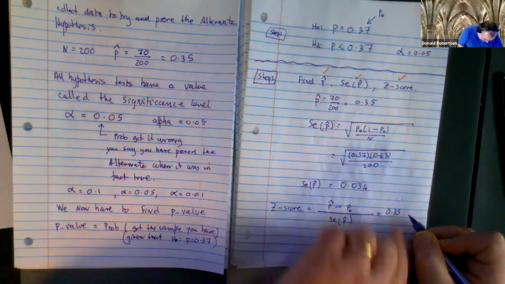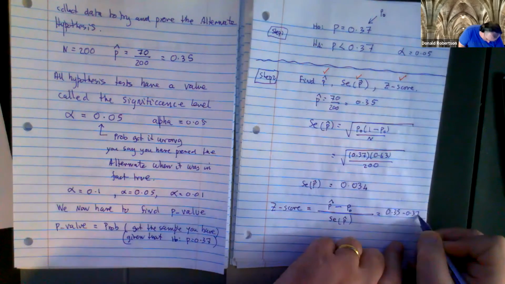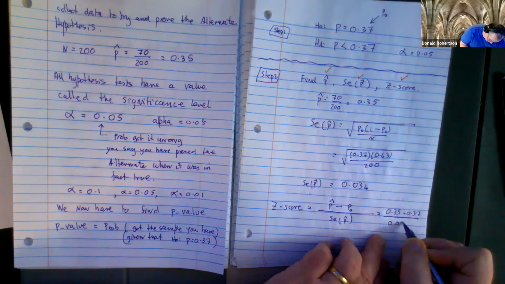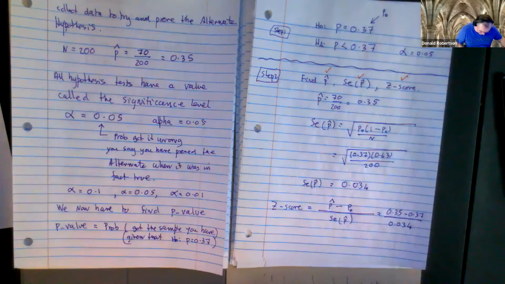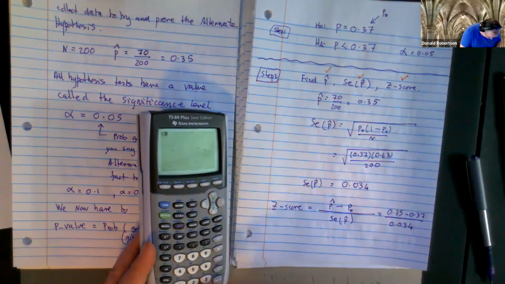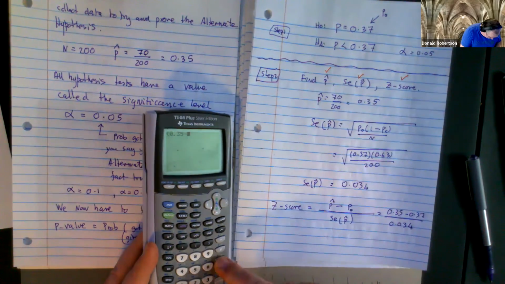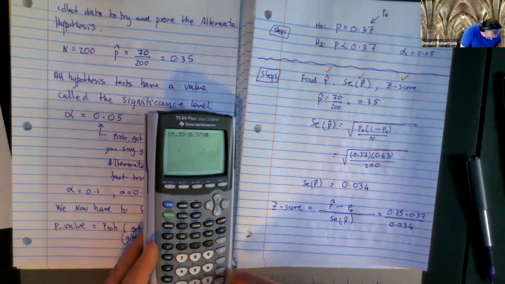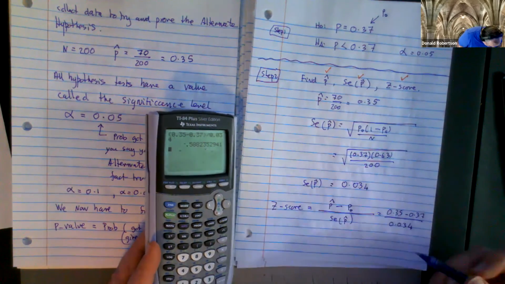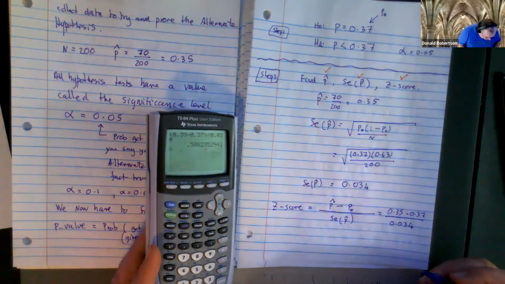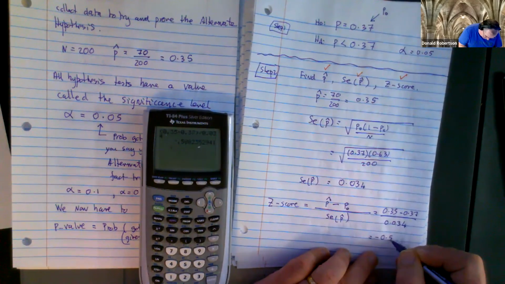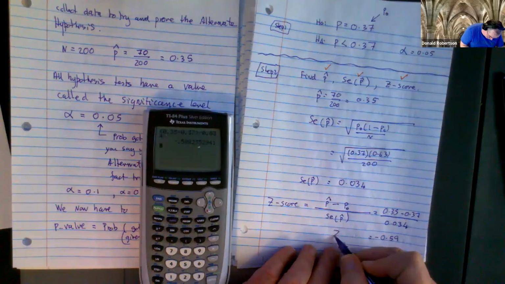This guy is 0.37. And it's going to be divided by 0.034. So that's going to be a negative number. Let's find out what that number is. 0.35 take away 0.37, all divided by 0.034. And the answer I get is negative 0.59. And that's our z-score.